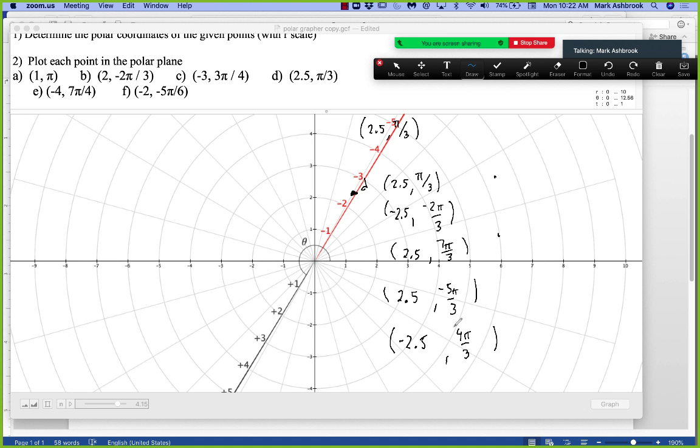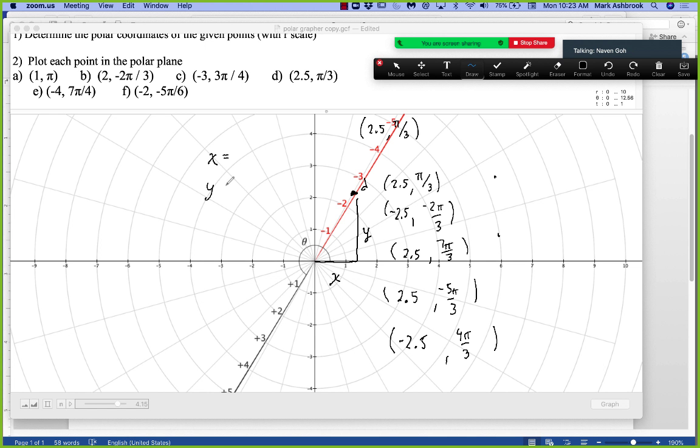So these are all polar coordinates for that location, but there's going to be one pair, x and y, that's going to get me that location. There's not going to be multiple. And so what is it? So here's my x, here's my y. What does x equal, and what does y equal?